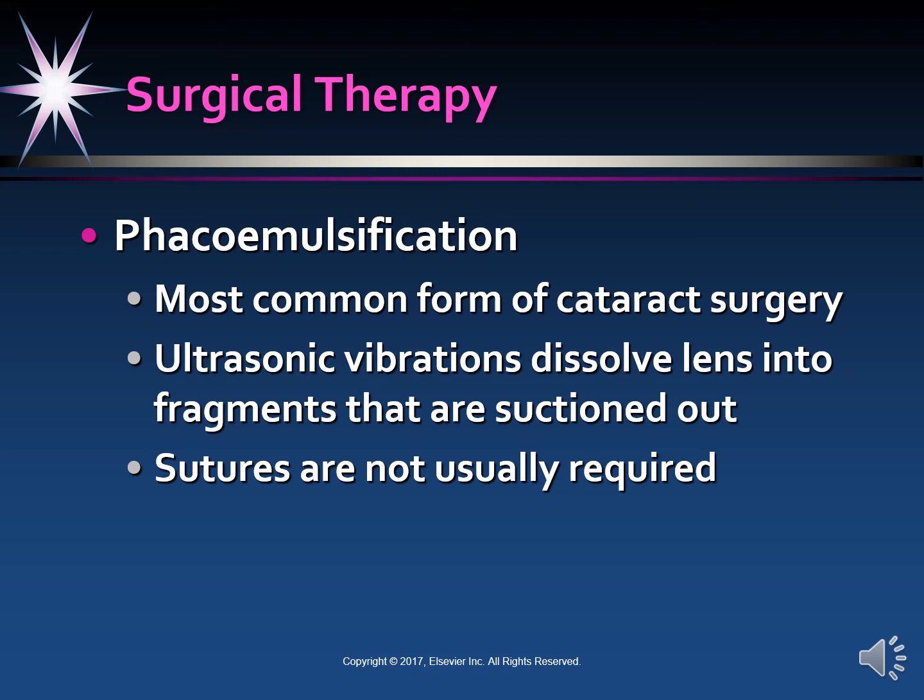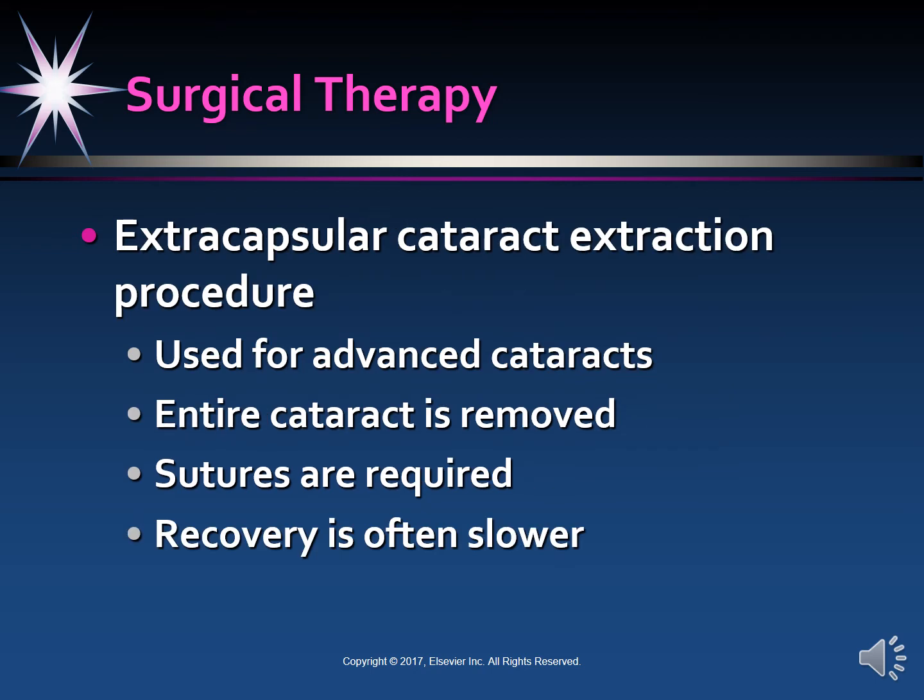A lot of times sutures are not required unless it's a very large cataract. An extracapsular cataract extraction is used for large cataracts, and sutures are required and recovery is slower.